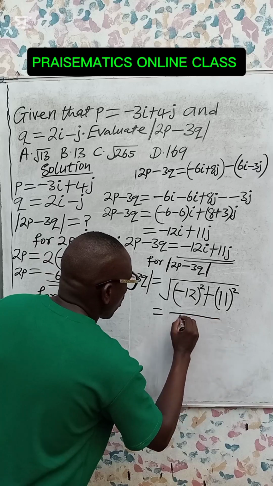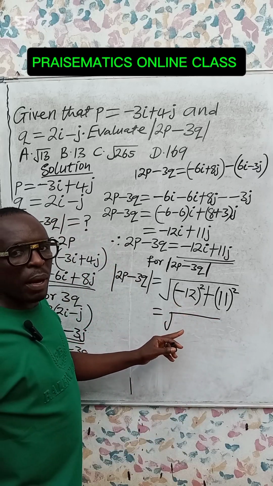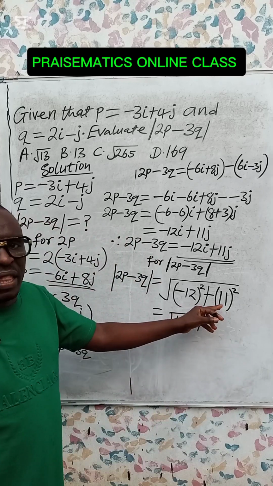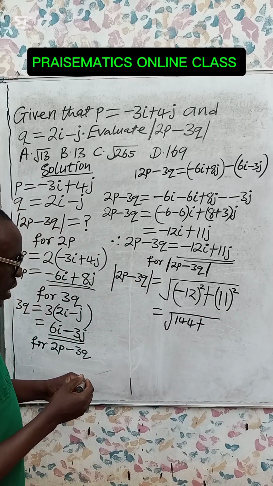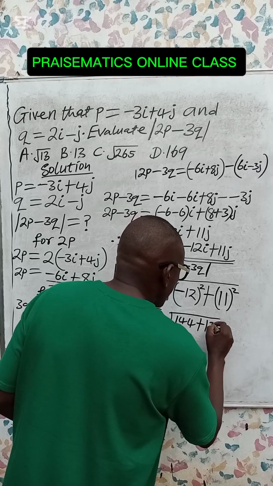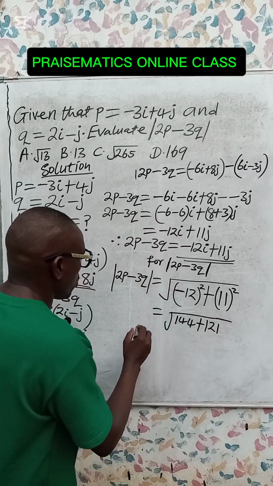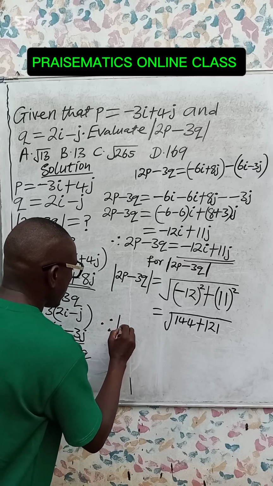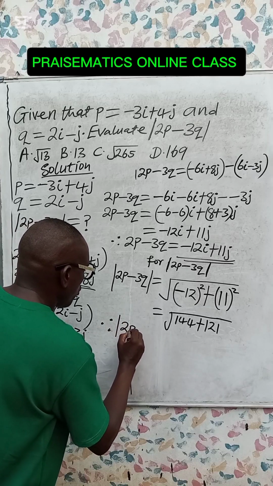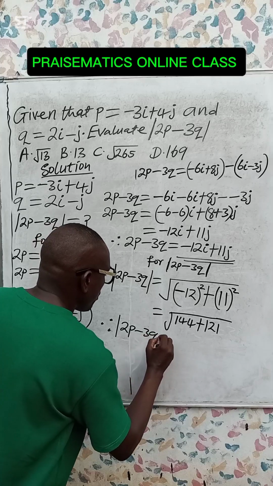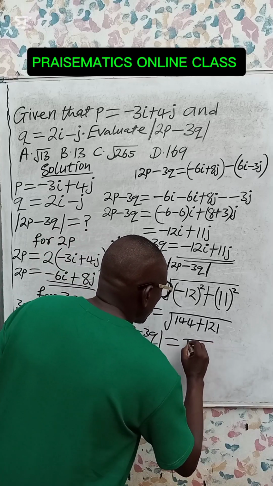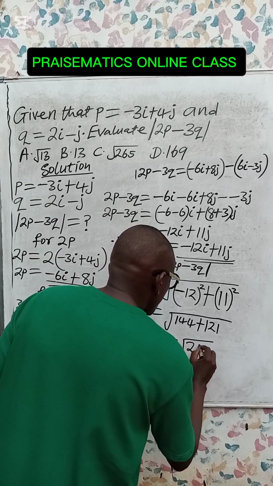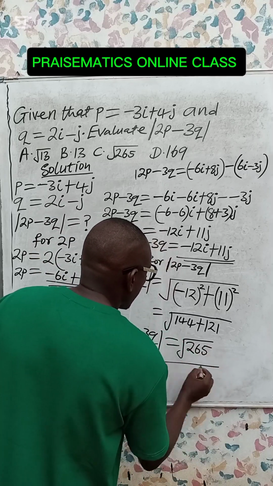Now this will give us the square root of minus 12 times minus 12, which gives 144, plus 11 times 11, which gives 121. So finally, the magnitude of 2P minus 3Q equals the square root of 265 as our answer.